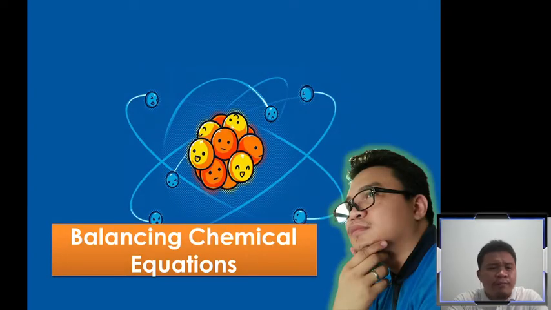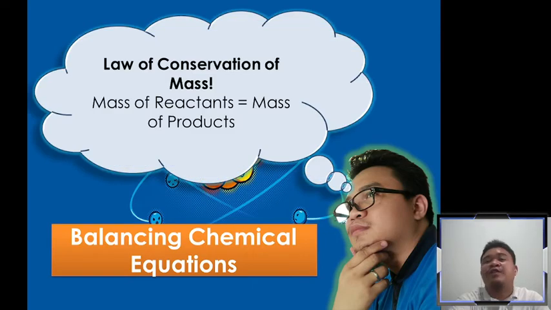When we balance chemical equations, we always have to think of this very important concept which we talked about in our previous video presentation. And what I mean by that is this very important law in chemistry, which is the law of conservation of mass, wherein you can interpret it as this: the mass of the reactants must always be kept constant, or the mass of the reactants must always be equal to the mass of the products.